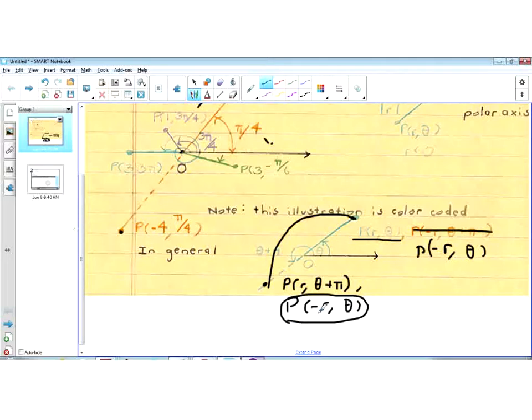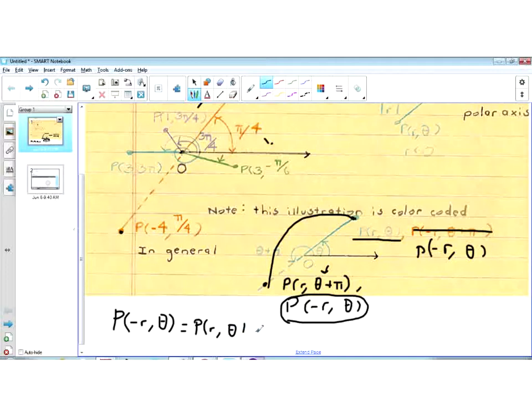But it also turns out, if you don't want a negative abscissa for the coordinate specification, you can specify a positive abscissa, but you'll have to adjust your angle accordingly to theta plus pi. So we have a relationship here: a polar point whose coordinates are (negative r, theta) is equivalent to the same polar point whose coordinates are (r, theta plus pi).